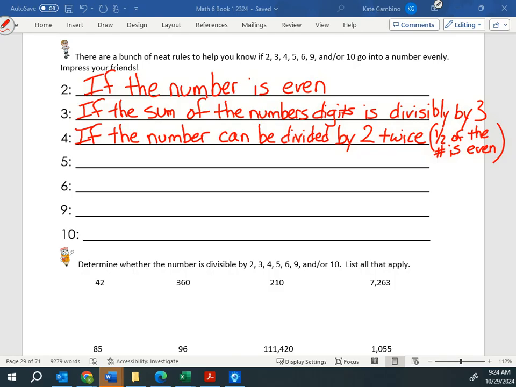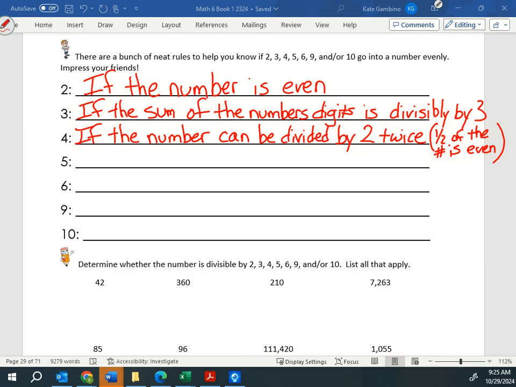So if I look at a number like 74, now I want to know if that can be divided by 4. Half of 74 is 37. Is 37 divisible by 2? Mm-mm. So 74 is not divisible by 4.